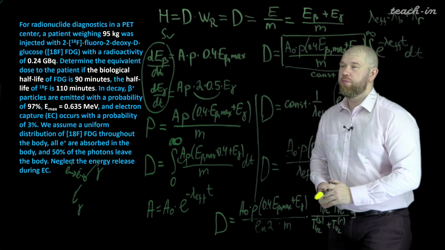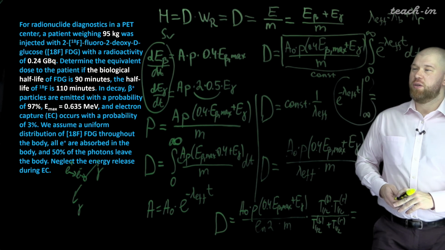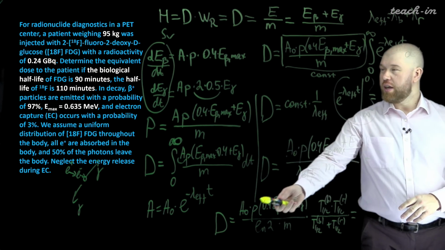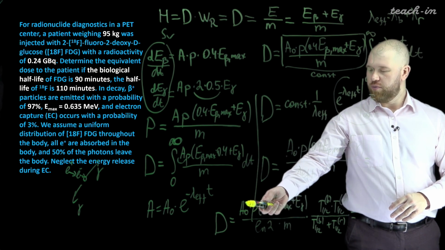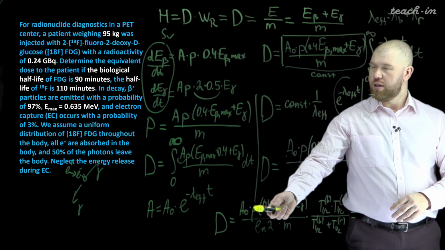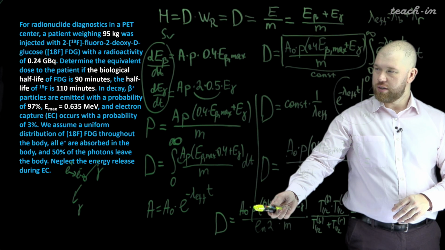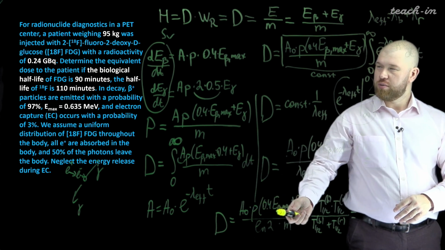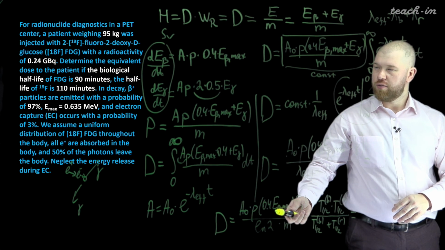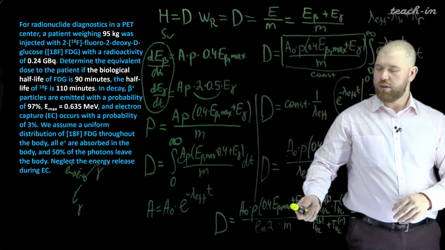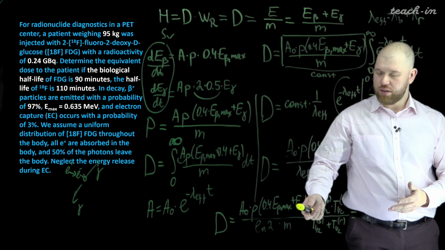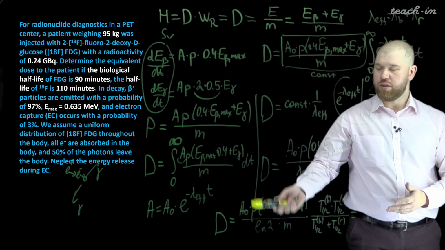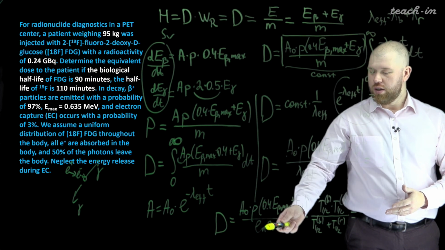So now we have all the numbers. A is 0.24 gigabecquerels, P is 0.97, the maximum energy is 0.635 megaelectron volts, and E gamma is 511 kiloelectron volts. All these numbers we have to convert to joules.